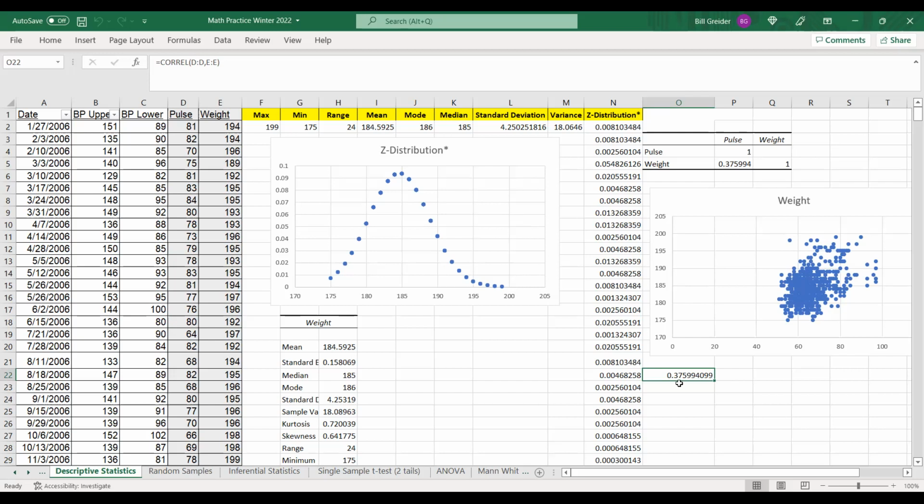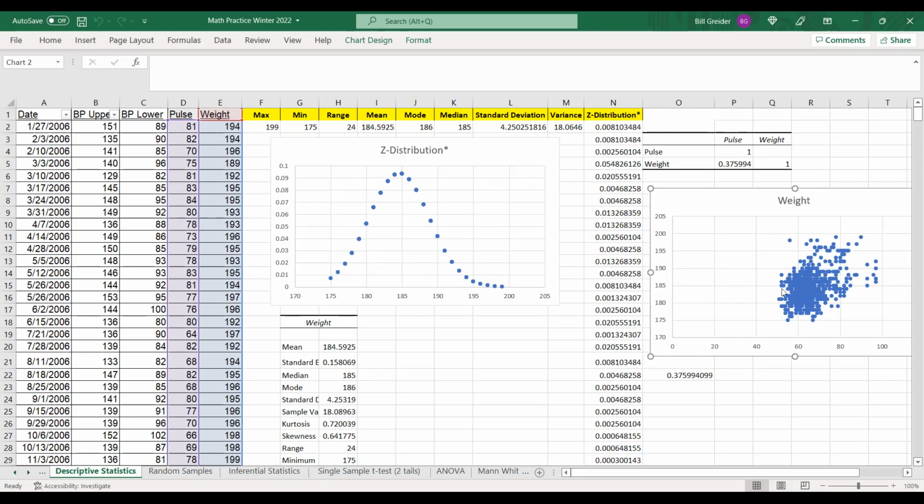And then the next part of the homework was, all right, let's see what that looks like with an XY diagram. Again, this is pretty simple: all I have to do is highlight those 2 columns, pulse and weight, and then go to Insert and Recommended Charts, and I get this Milky Way. I think it kind of proves out with my R value of 0.375.